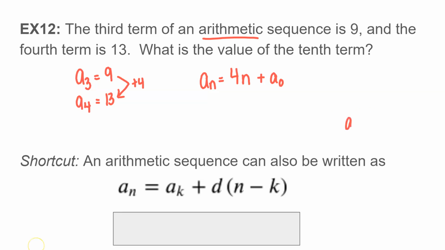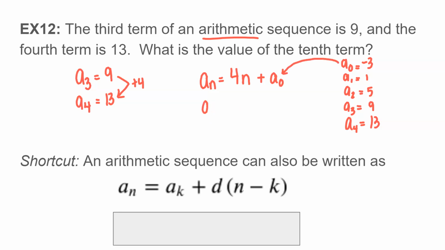But I could start, let me write this down here. I'm going to put 13 here. I'm going to put 3. A sub 3 is 9 right here. I could just go backwards, right? A sub 2, A sub 1, A sub 0. So we could just subtract 4. So this is going to give us 5. This will give us 1. This will give us negative 3, right? And then we can take this and plug it in over here.